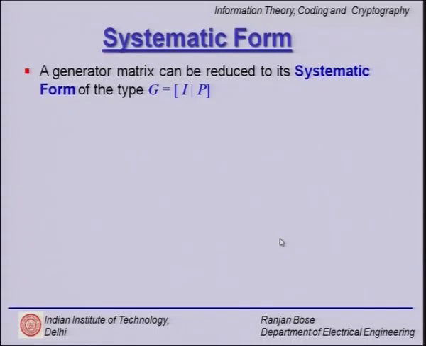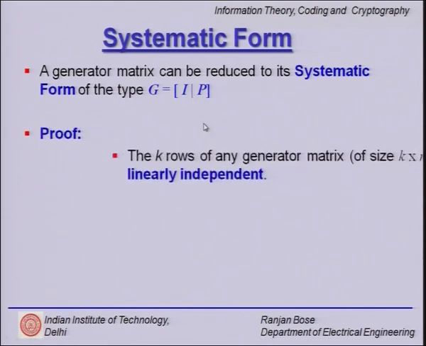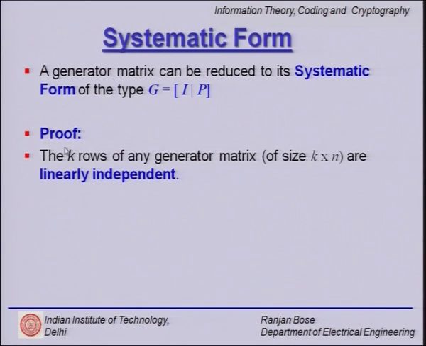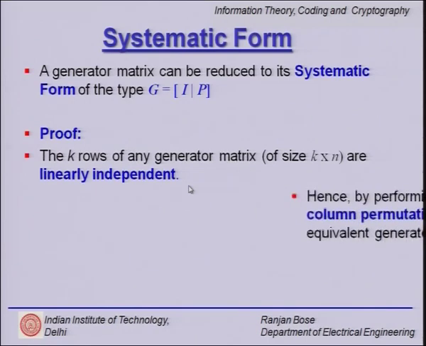So, a generator matrix can be reduced to its systematic form of this type by those basic row and column operations. And the proof is pretty intuitive. The k rows of a generator matrix are linearly independent. We saw that they form the basis vectors.